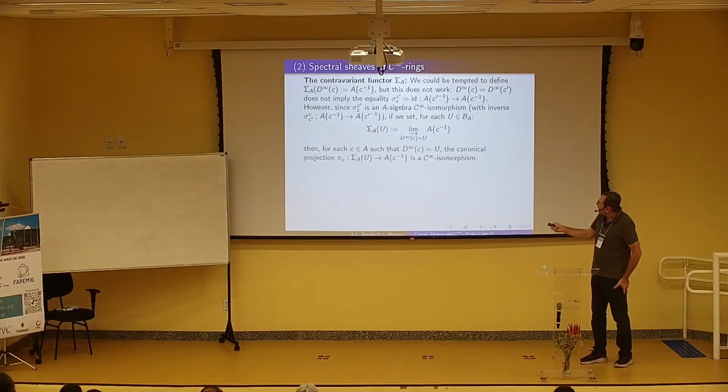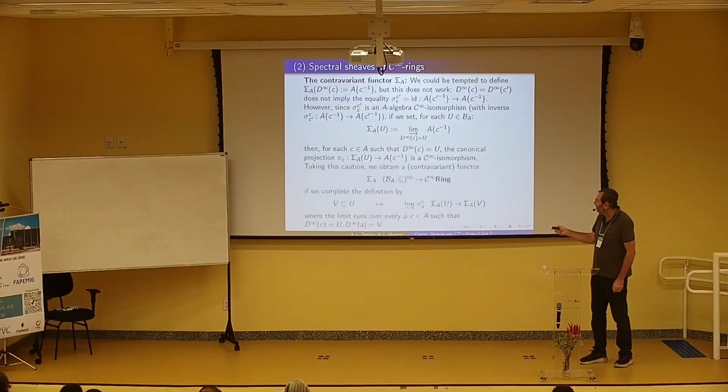Então, se você escreve um aberto básico U com várias representações, você pode tomar o limite dessas coisas que são todas isomorfas, e desse jeito isso é a componente nos objetos de um funtor, de um pré-feixe, de fato, como aqui, né?